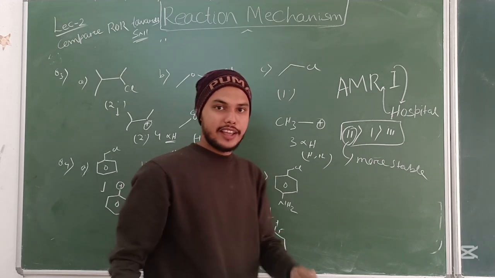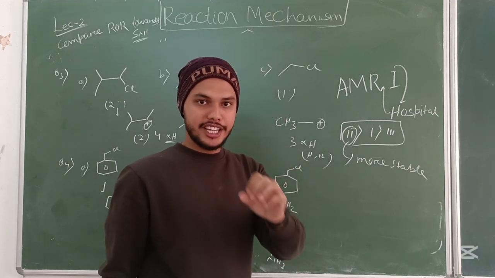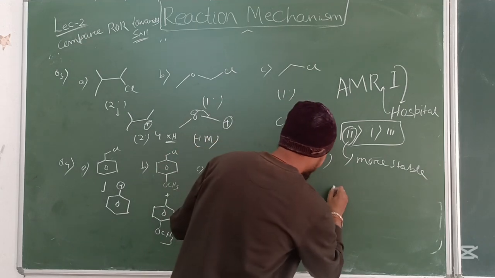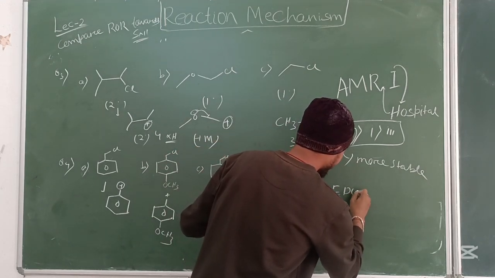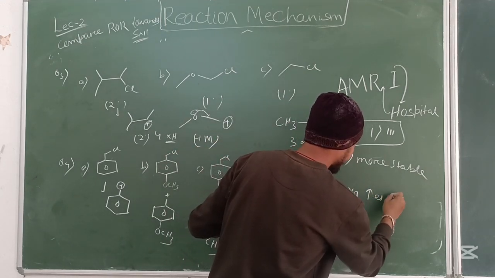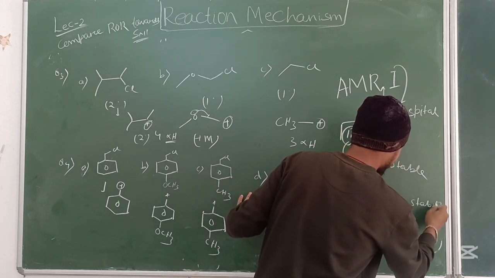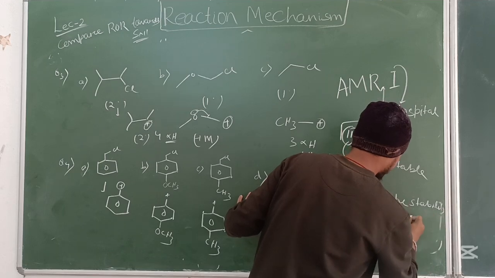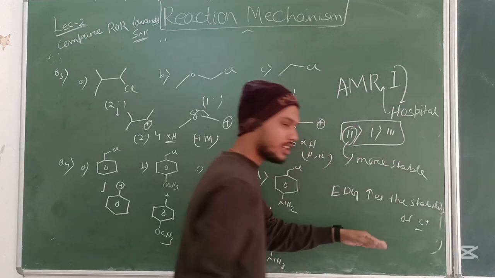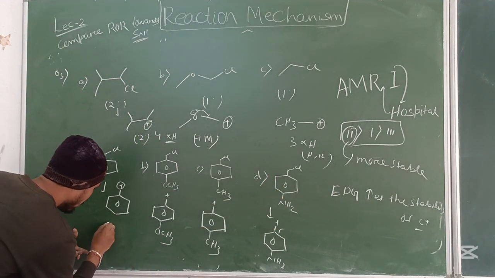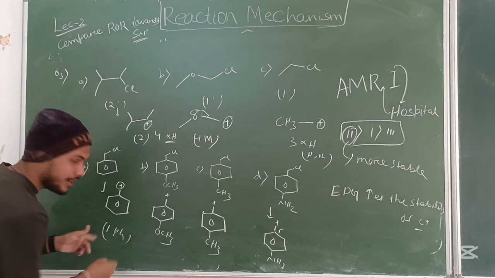So you know that the electron donating group increases the stability of the carbon atom. You have to check here that the electron donating group increases the stability of the carbon atom. So the more the stability of the carbon atom, the more the SN1 reaction. So in this case, only one phenyl group is present.